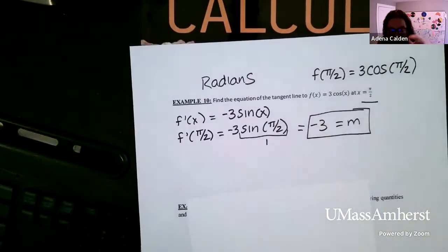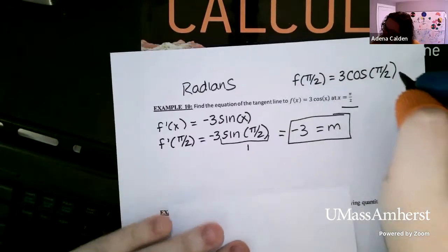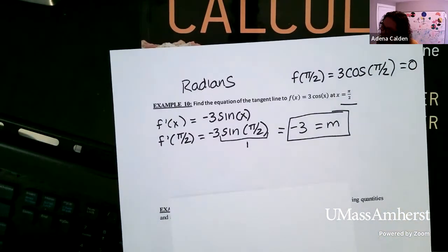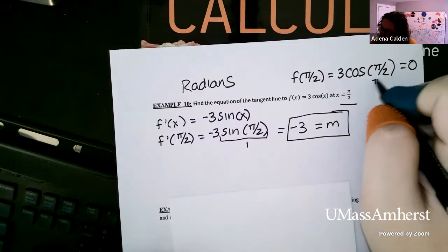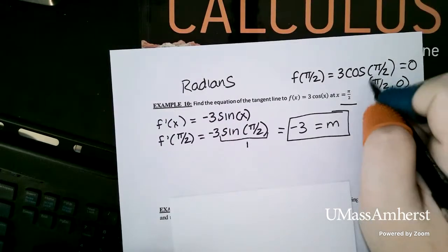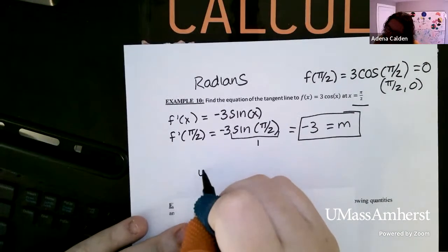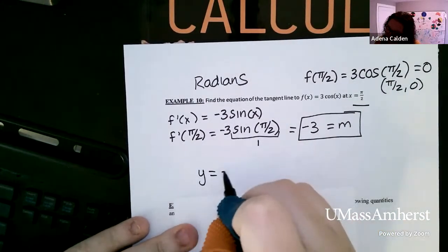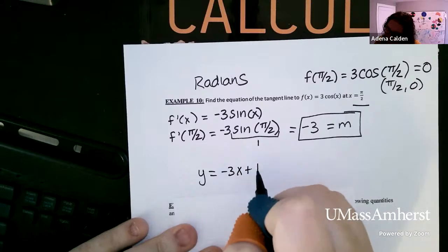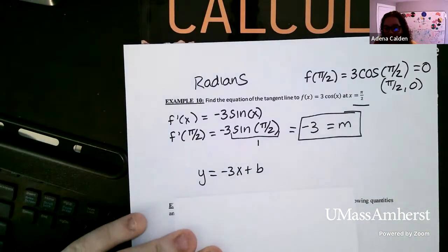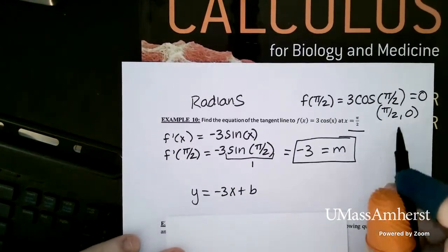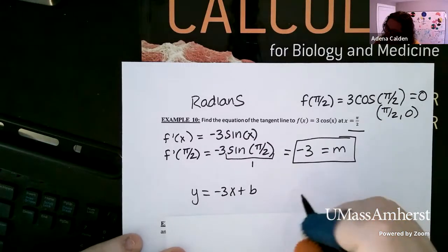Okay, cosine of pi over 2 is going to be 0. So we have the point pi over 2, comma 0. So now we have a slope and we have a point. We're going to put it together in y equals mx plus b. So we start by substituting in our m, and then we use our point to solve for b.